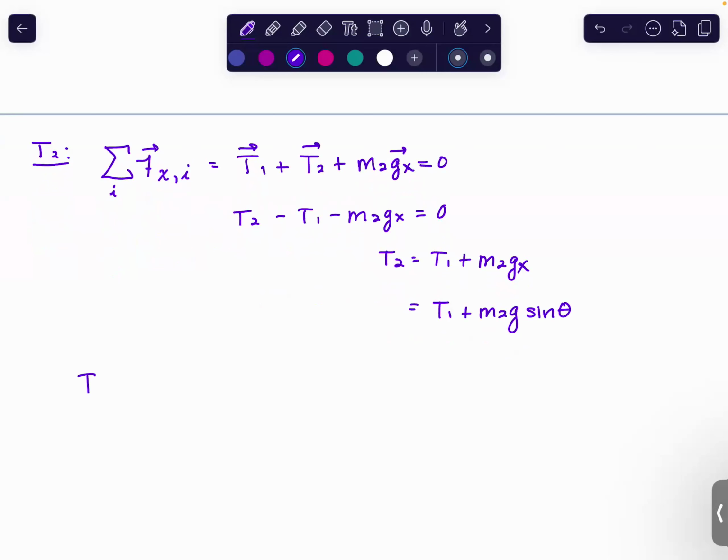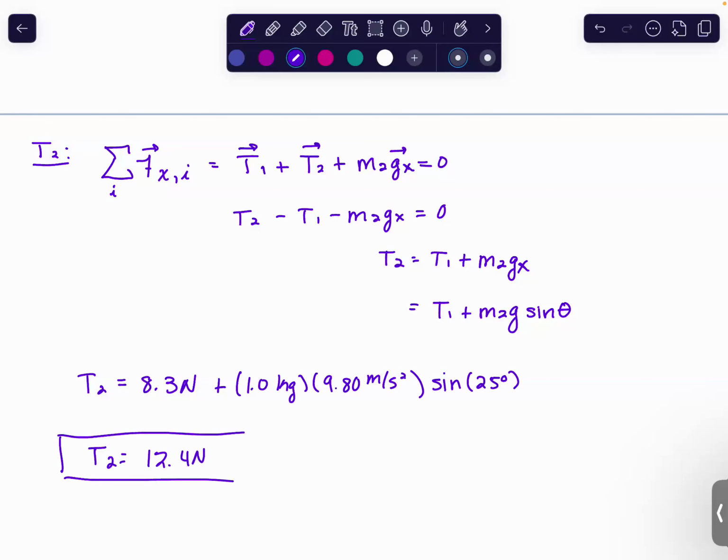And so when we plug in our numbers, because we already solved for tension 1, our 1 kilogram mass, the gravitational constant, you see T2 is 12.4 newtons. Okay, so that's all there is to problem number 3.